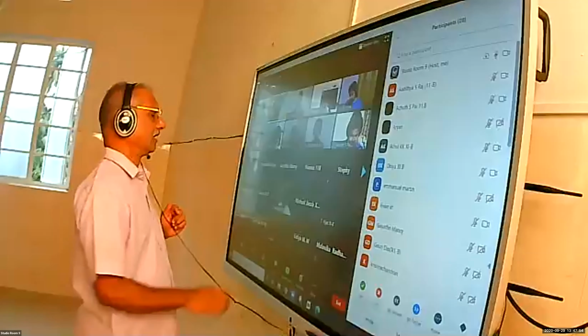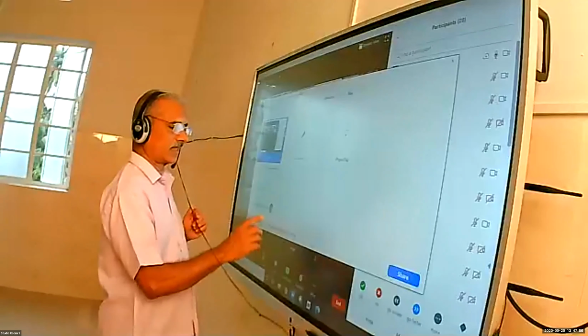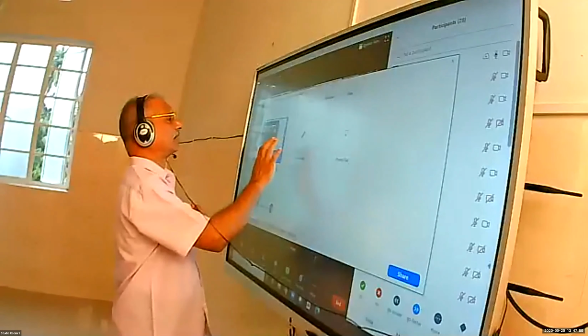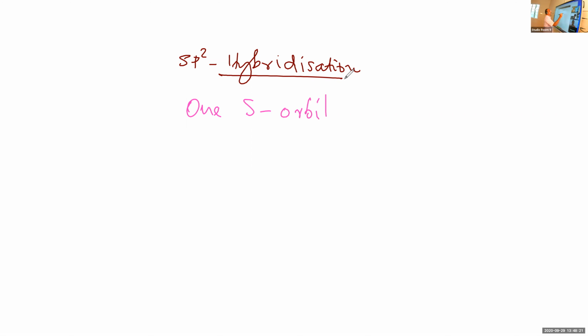What is meant by sp2 hybridization? Do you remember what it is? sp2 hybridization is the hybridization involving one s orbital and two p orbitals.